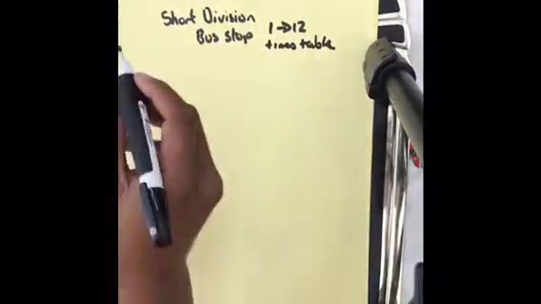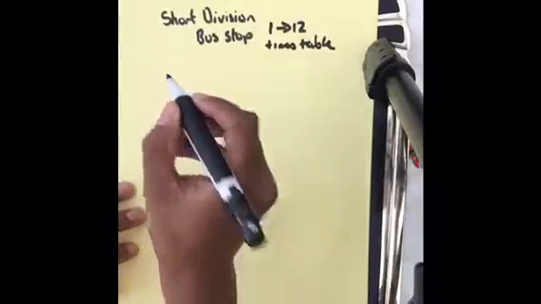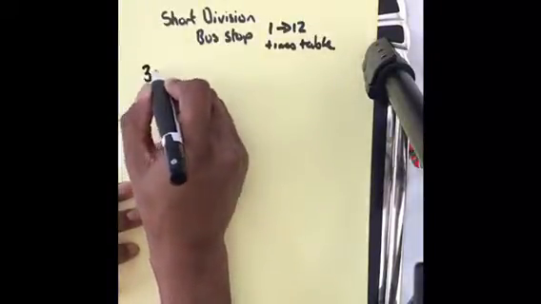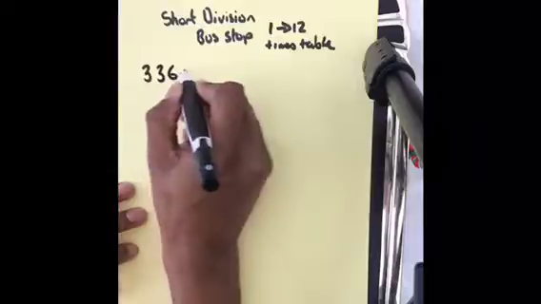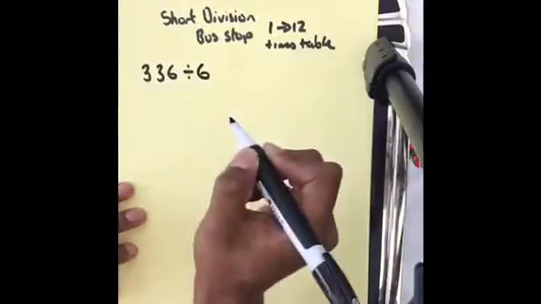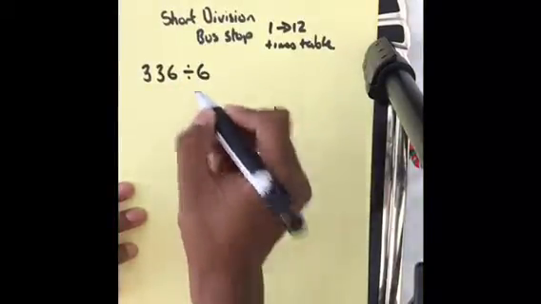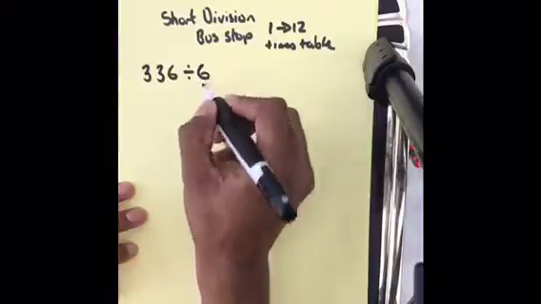Alright, and the first one I'm going to do today is 336 divided by 6. So I'm dividing by a number of the times tables I should know.